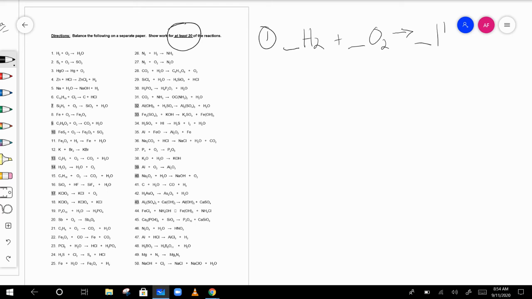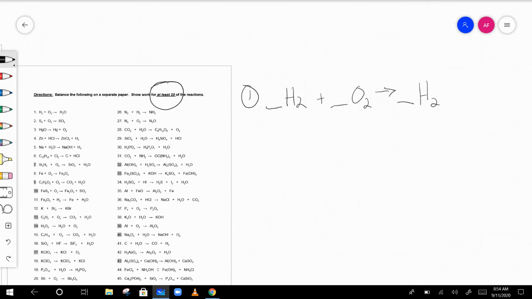So we put a line there as well. The reason I put a line is because that's the only place we can put a number. We can only put coefficients to balance reactions.